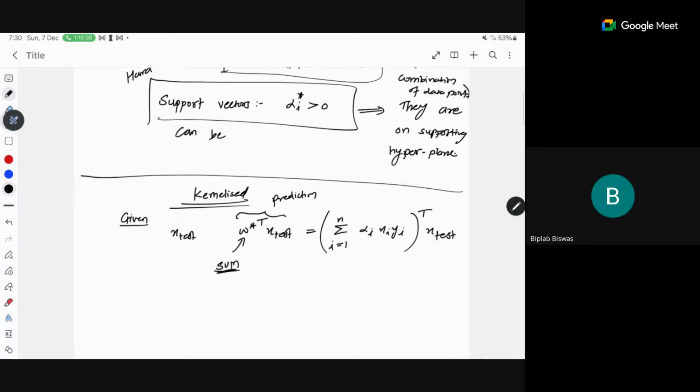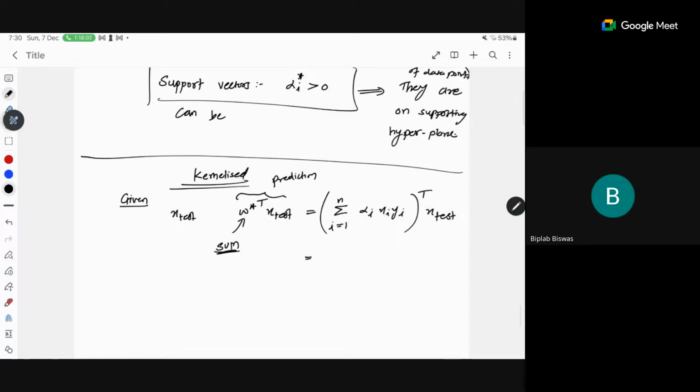You earlier had not taken the transpose, but why are you taking the transpose now? This is the prediction. See, W star we have learned already, which is summation of i equal to 1 to n, alpha i x i y i.